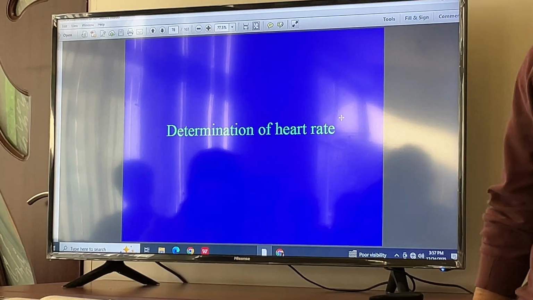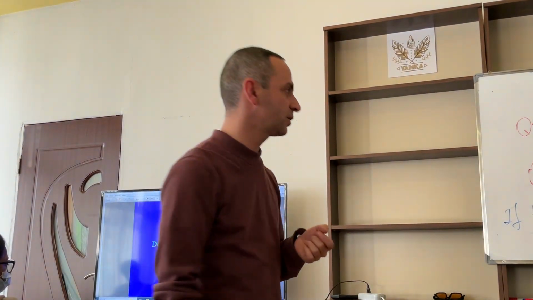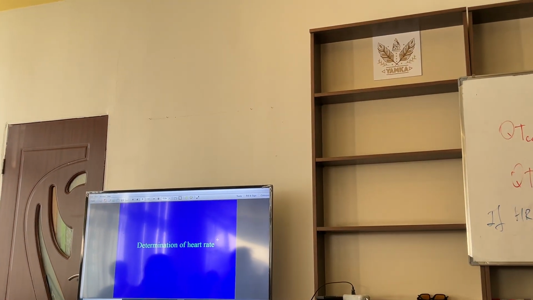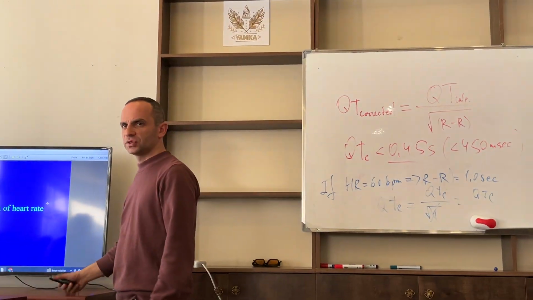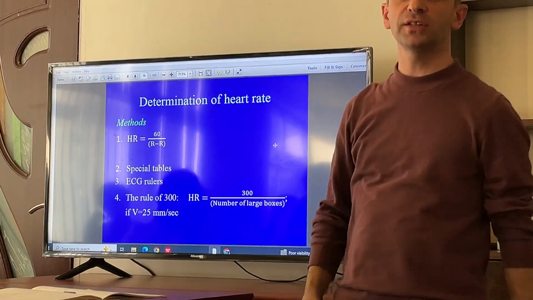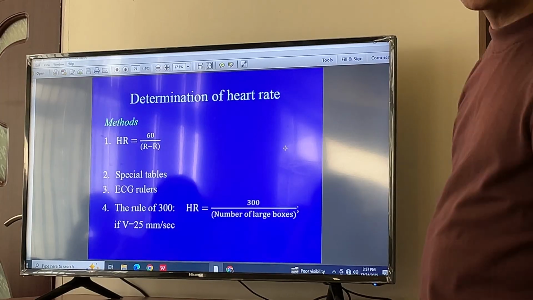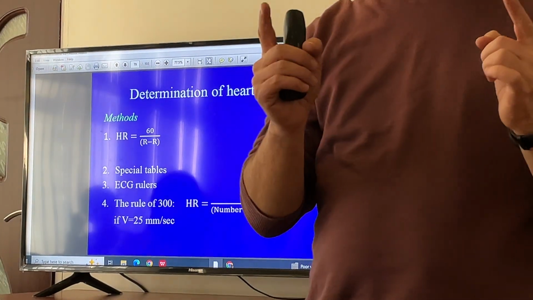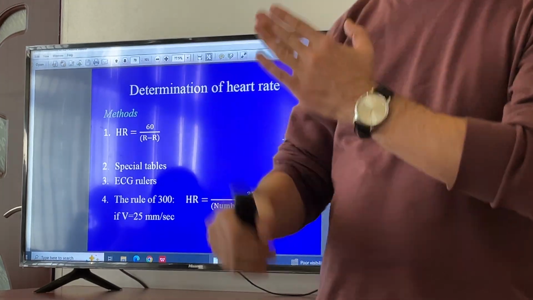Determination of heart rate, one of your exam questions. How to determine heart rate based on ECG. Otherwise you may check the pulse, but on ECG how to determine heart rate. A few methods are used. Universal formula: heart rate is equal to 60 divided over RR. Special tables, where RR is measured and for this RR you know how much the heart rate is.